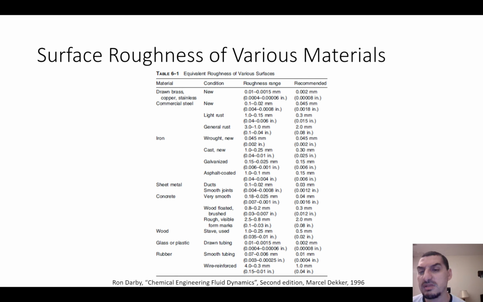So this is the equation that we are going to use, which is the Colebrook equation, and these are the ways we can get the surface roughness to put it in the equation to calculate the friction factor.